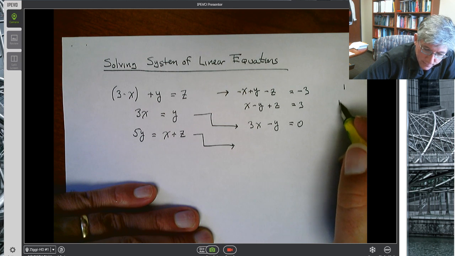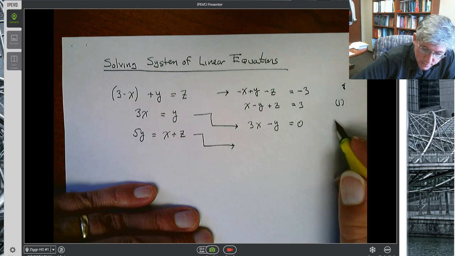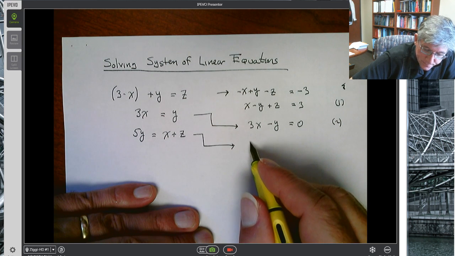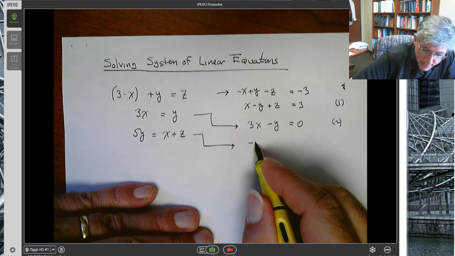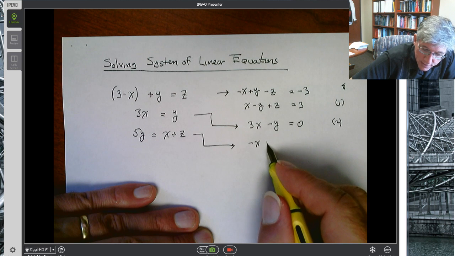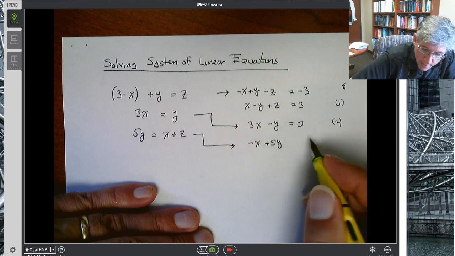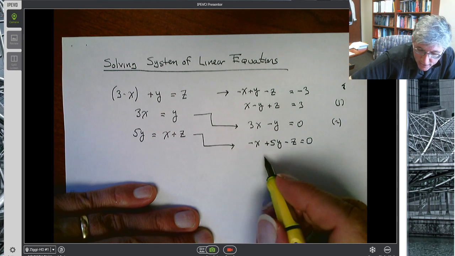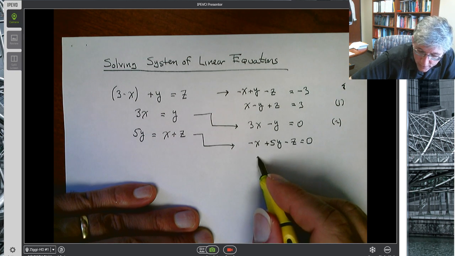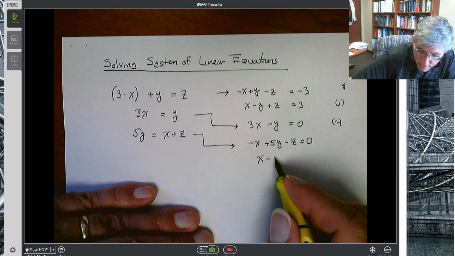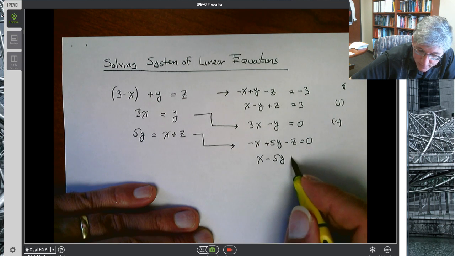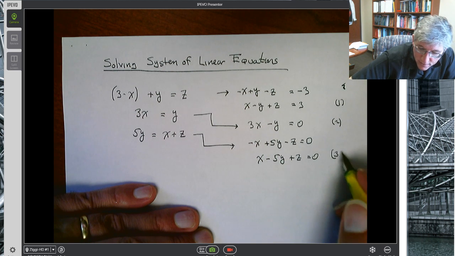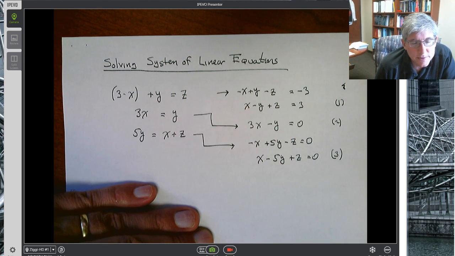So let's call this our first equation. This is my second equation. And then finally, the third equation is going to be minus x plus 5y minus z equals 0. And again, if you want to multiply by minus 1, that's fine. You get x minus 5y plus z equals 0. And that is the third equation.